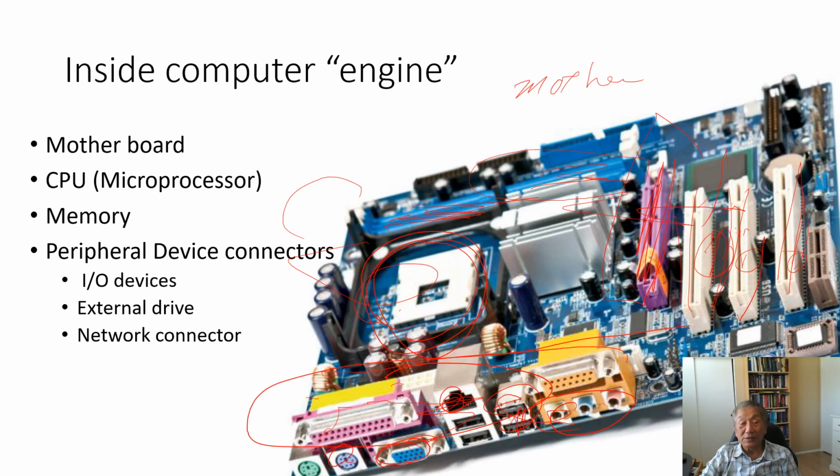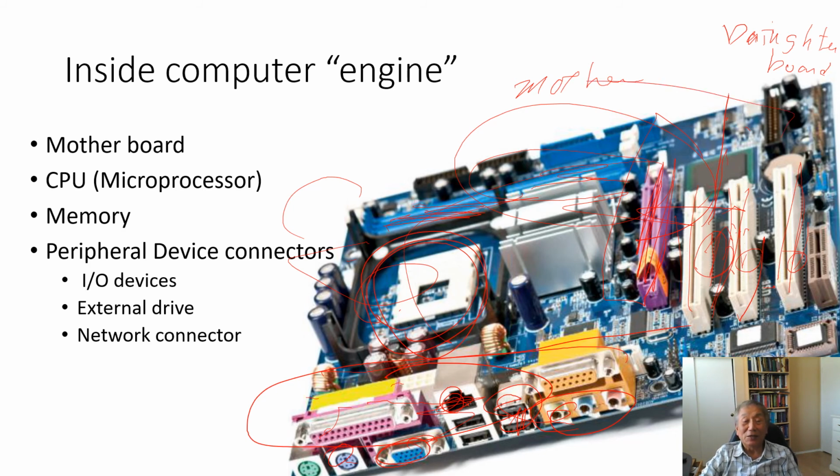In this case, this is sometimes called a daughter board. So there is the mother and the daughter. Why there is no son and father, I don't know, but that is the mother board and the daughter board.